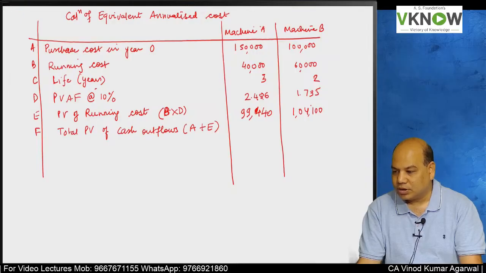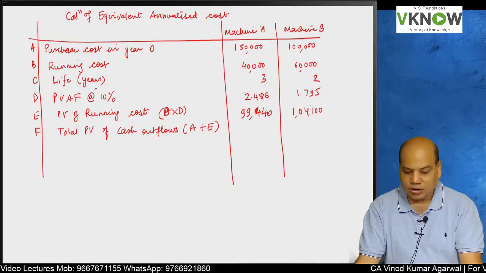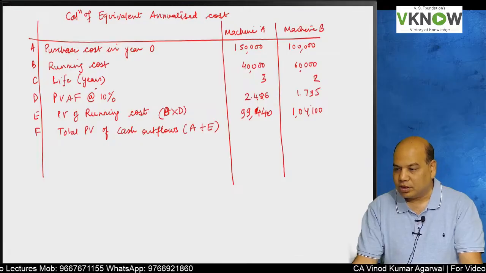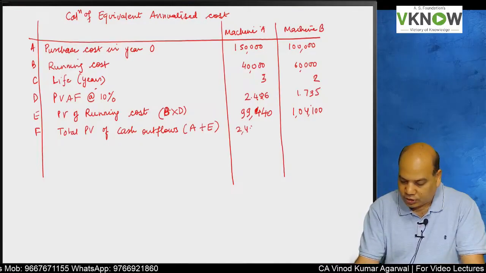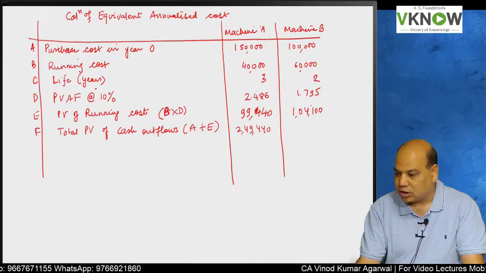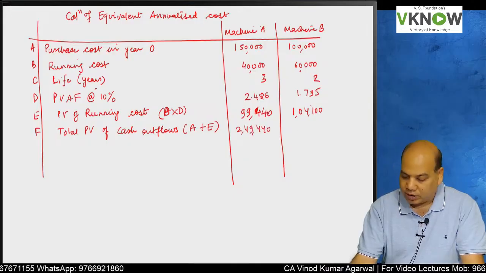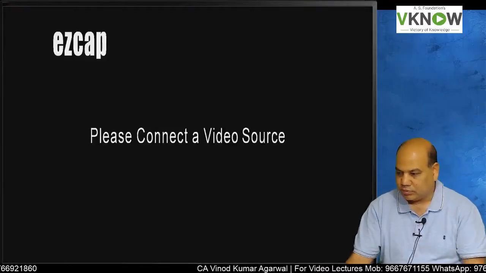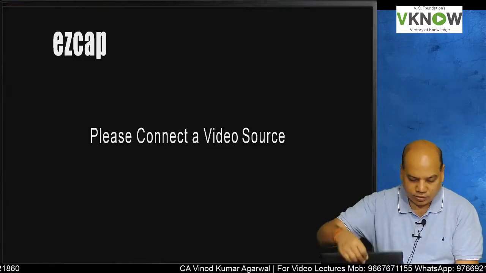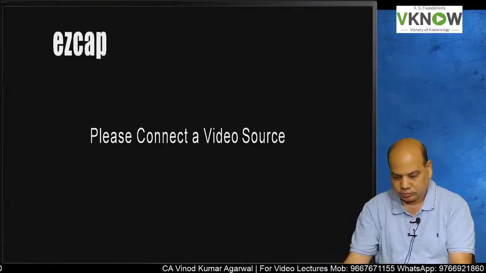If I buy machine A, my present value would be 2,49,440. This is outflow. And if I buy machine B, 2,04,100.